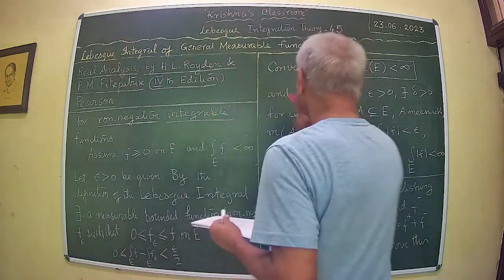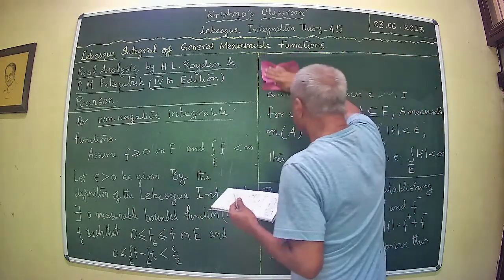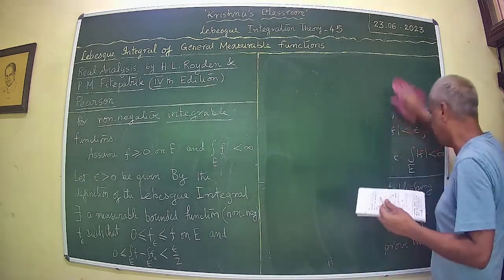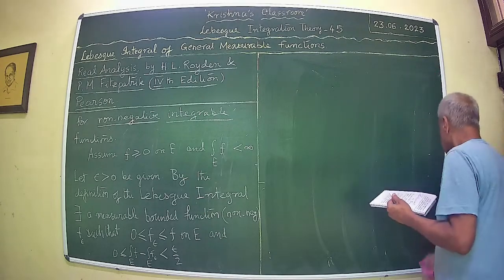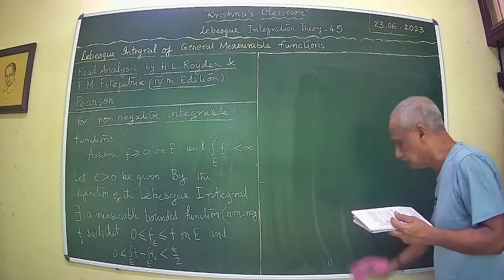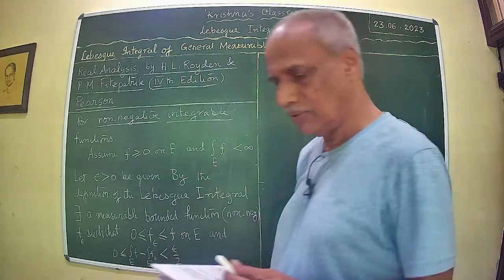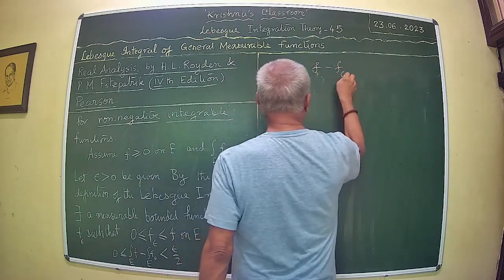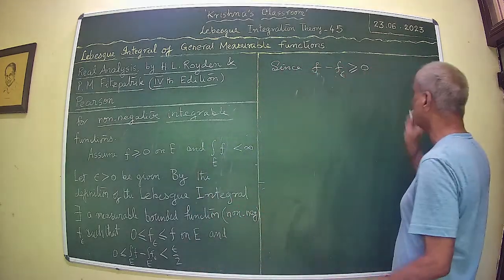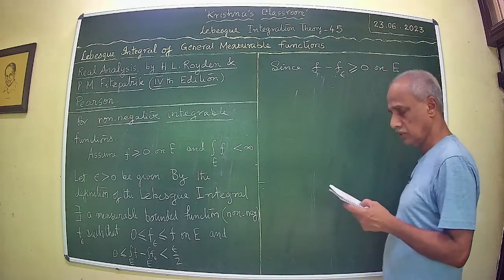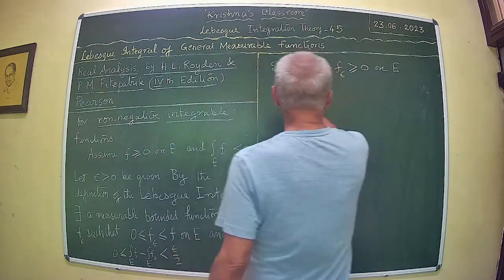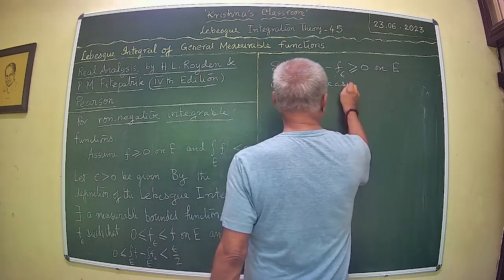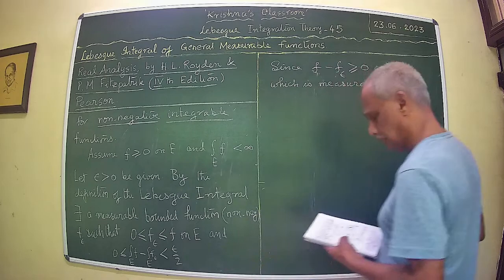So what we have is integrability of f assures the existence of such functions f epsilon. Okay. Now what do we do? Now since f minus f epsilon on E is a non-negative function which is measurable, that's clear.